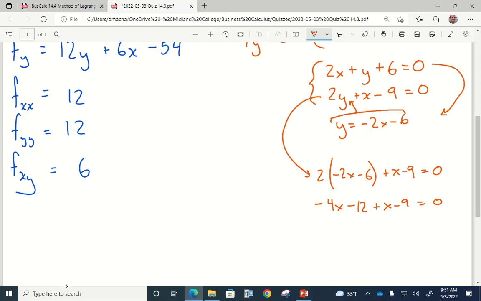So collecting my x's gives me negative 3x, and then 12 plus 9 is 21. So that tells me that x must be negative 7.